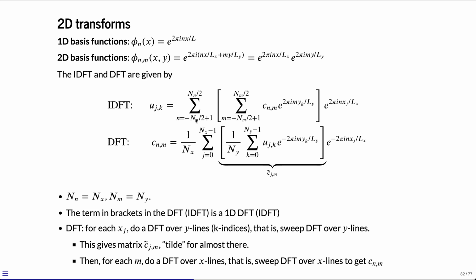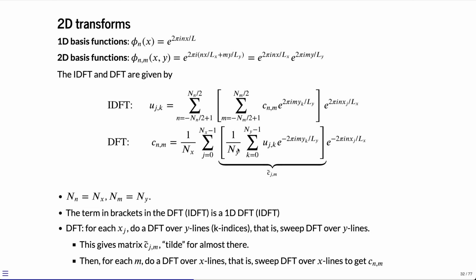Our sums over the Fourier indexed wave numbers again go from -N/2+1 to N/2 for both n and m, but in physical space, j goes from 0 to N_x minus 1 in the x direction, and k goes from 0 to N_y minus 1 in the y direction.